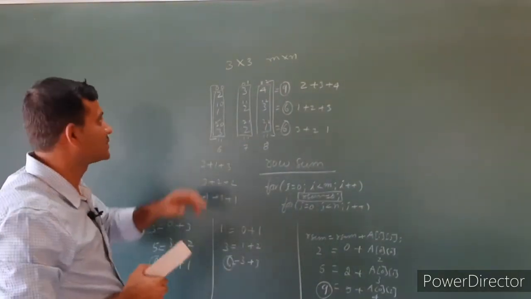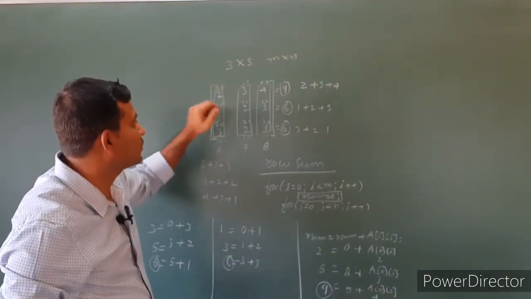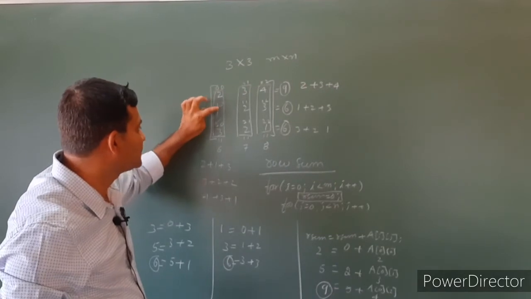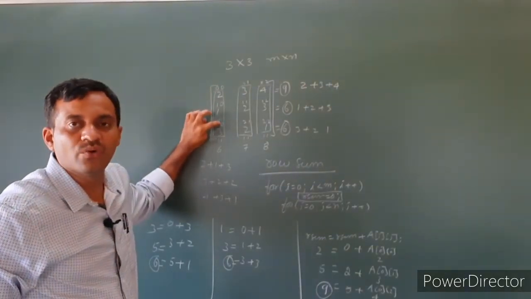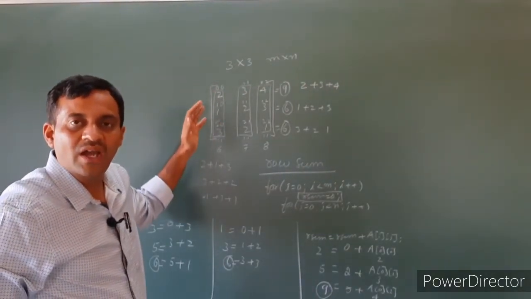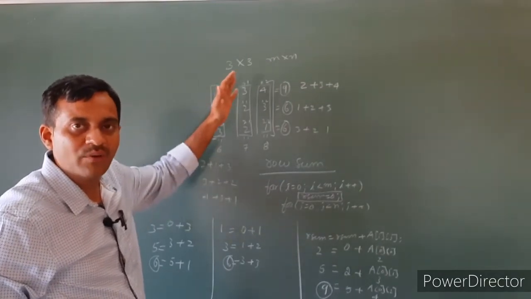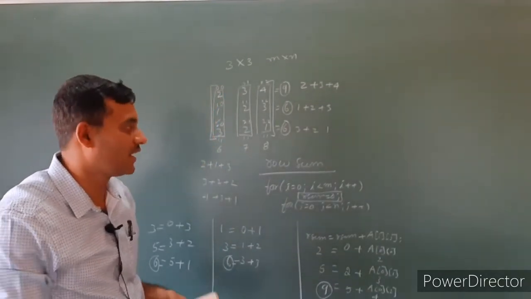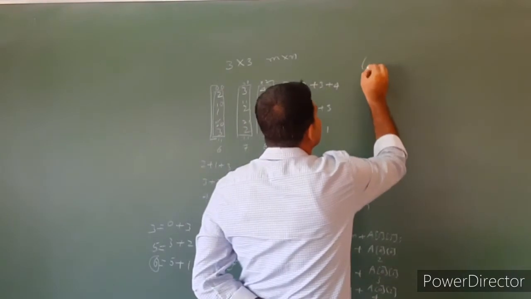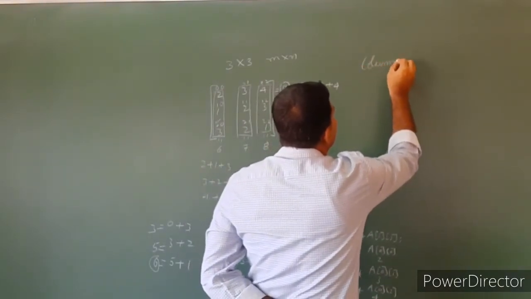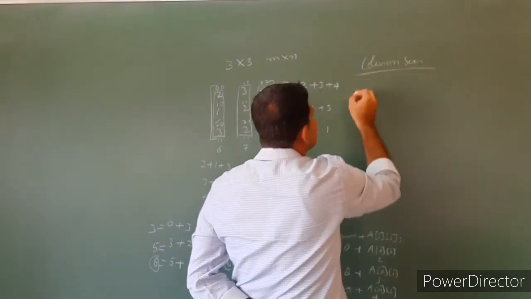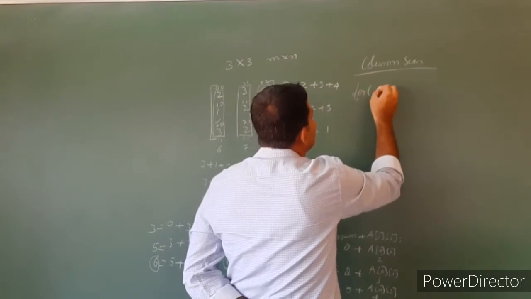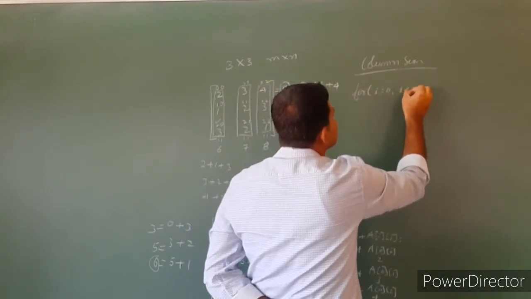See the index values 0, 0, 0, 1, 0, 2, but here 0, 0, 1, 0, 2, 0. So I value varies, j value is constant. Hence, for the column sum, we use the logic for I equals 0. Here order is changed.